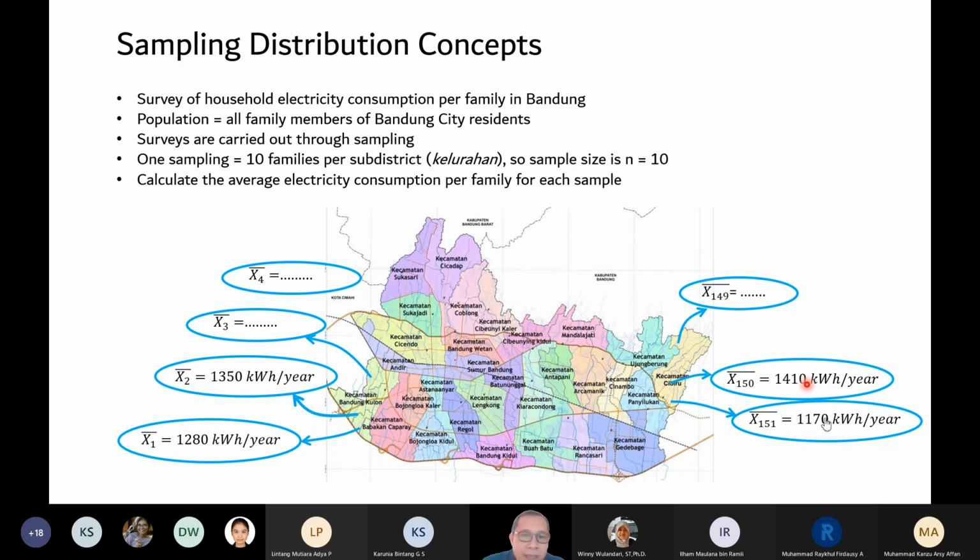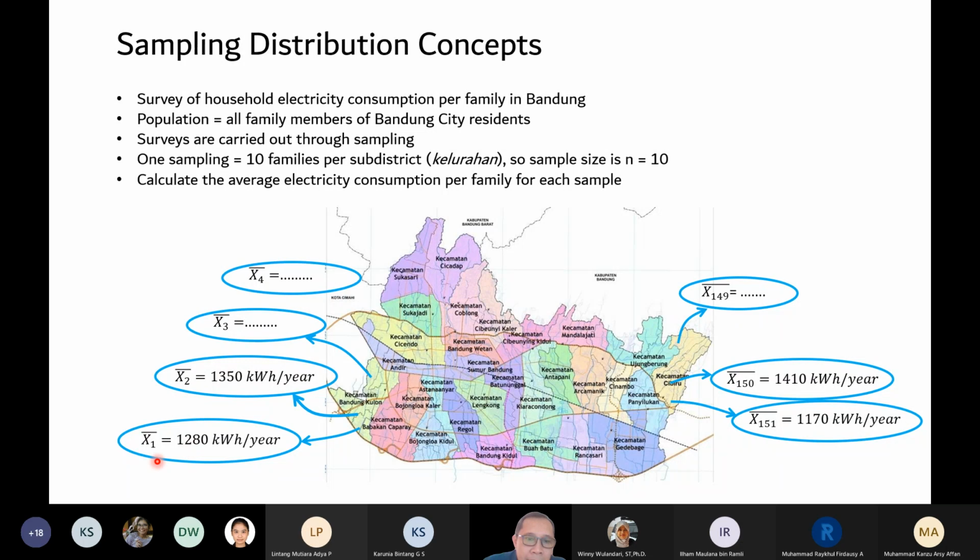What we're seeing here are sample means, rata-rata sampel atau rata-rata cuplikan. For each kelurahan, we take the average electricity consumption, so each kelurahan will generate one average number, calculated from 10 households. And these are the numbers.